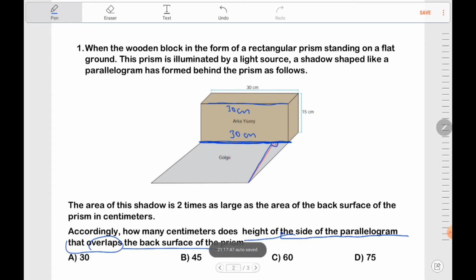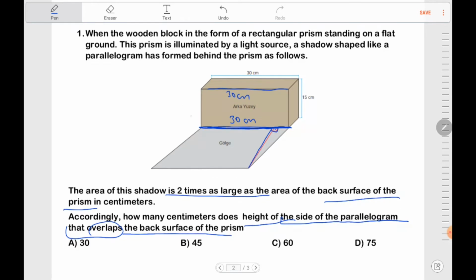So, the question says that the area of this shadow is 2 times as large as the area of the back surface of the prism. So, firstly, let's find the area of the back surface. As you realize, the back surface is a rectangle like this.